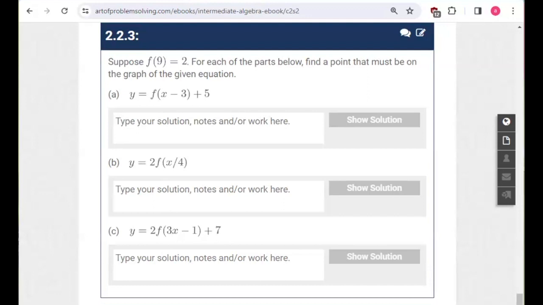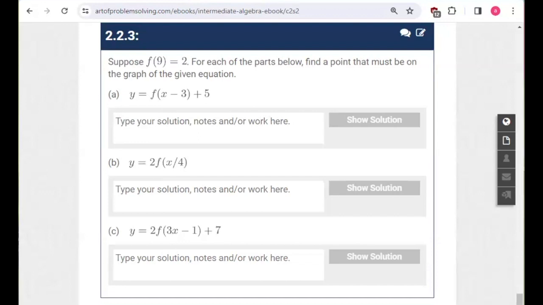The X. And the formula is X over K and then plus your D value. Okay? Yes? Yeah. All right.